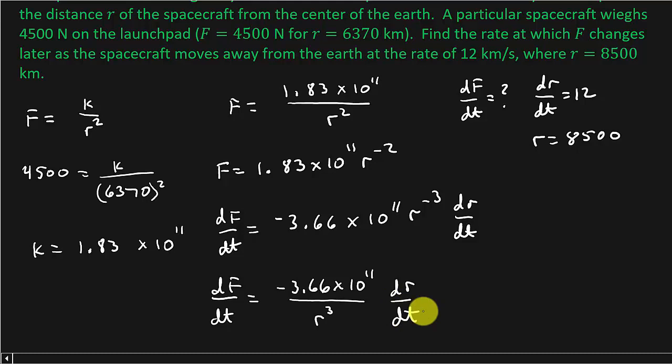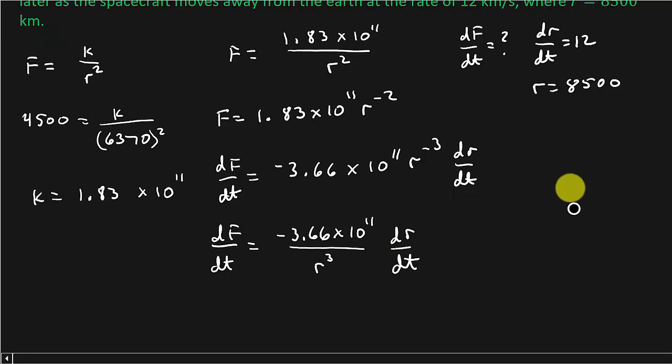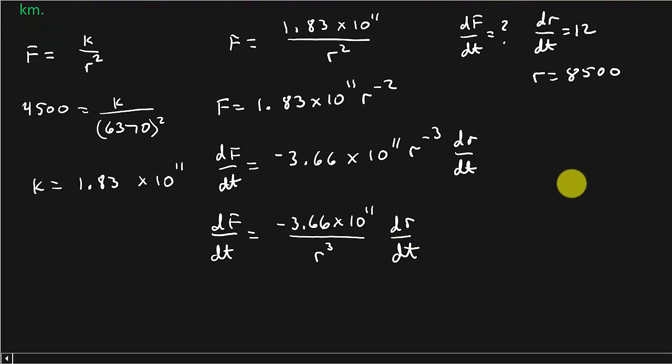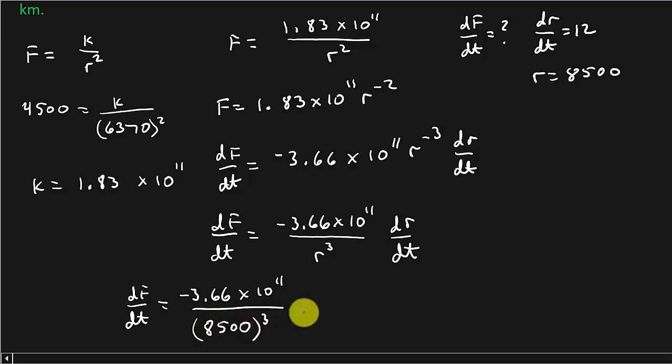That's your derivative. And now we can go ahead and plug everything in. We're looking for dF/dt, so we'll plug the 12 in for dr/dt and the 8,500 in for r. So I've got dF/dt is equal to negative 3.66 times 10 to the 11th over 8,500 cubed times 12.